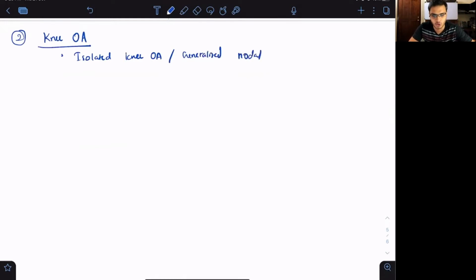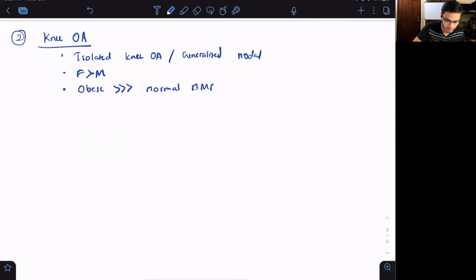Either of the two. Usually, again, females greater than males. And what I want you all to know here: obese individuals more than normal BMI individuals.